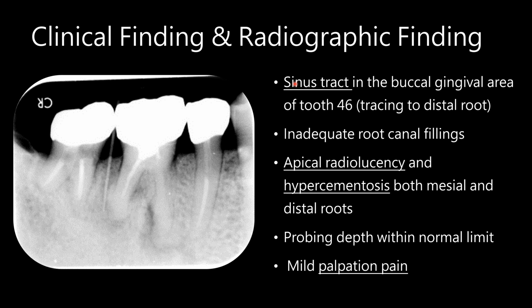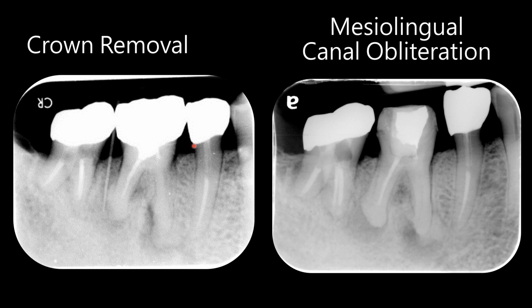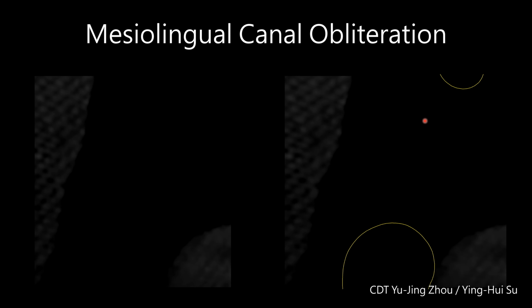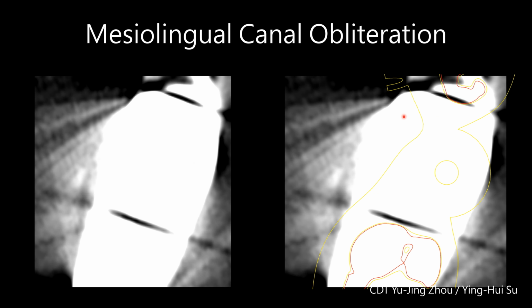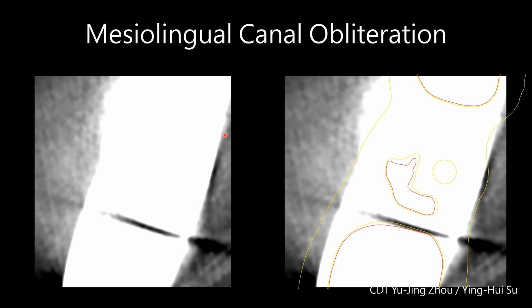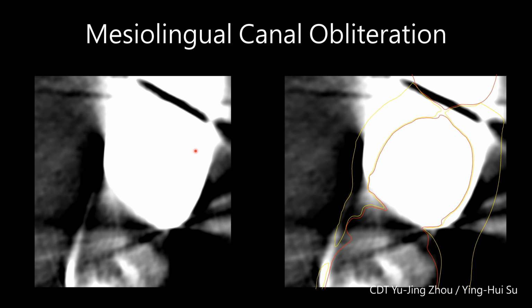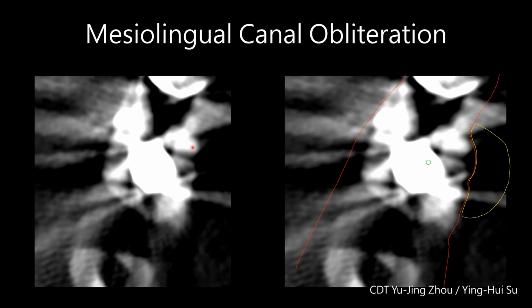Here is a clinical case. This one is a retreatment case, teeth 2, 4, 6. They have an apical lesion here, and we are trying to do endodontic retreatment. We removed the crown, and we cannot find the mesiolingual canal, which is obliterated, or we say calcified.